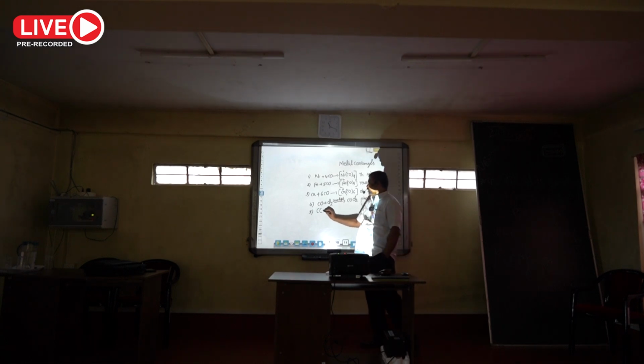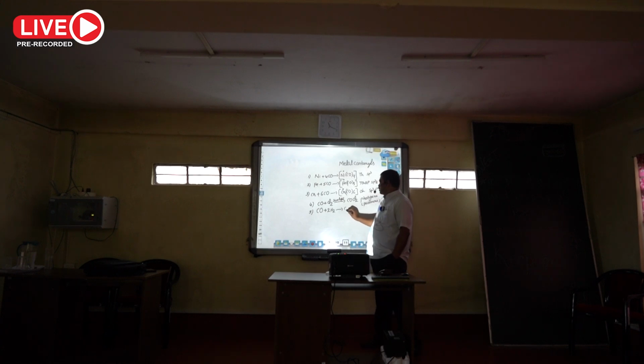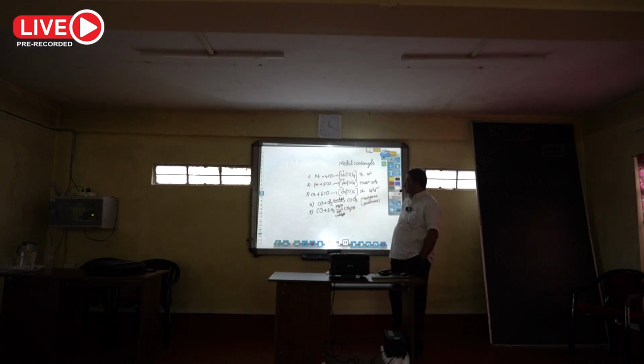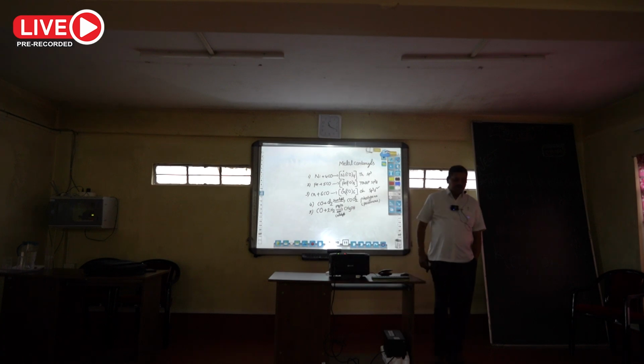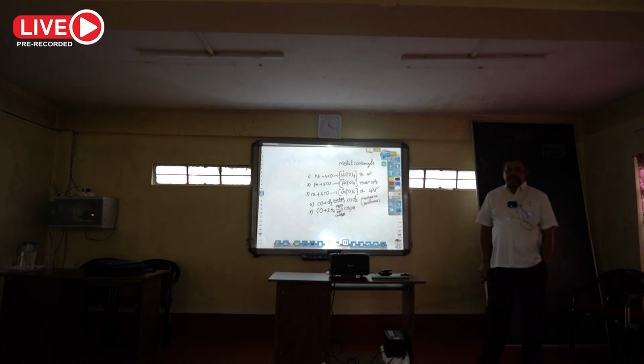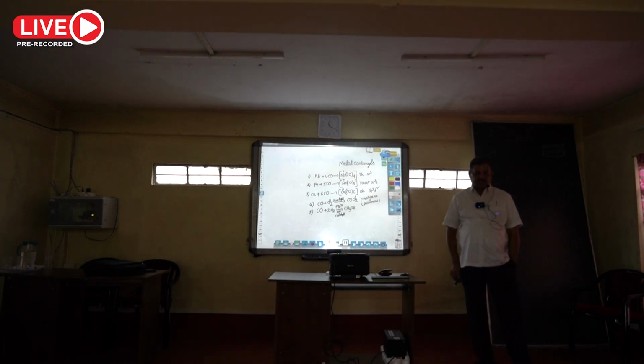CO plus 2H2 gives CH3OH. Here Fe2O3 plus ZnO act as catalysts. This is how methyl alcohol is made synthetically. Very important point.